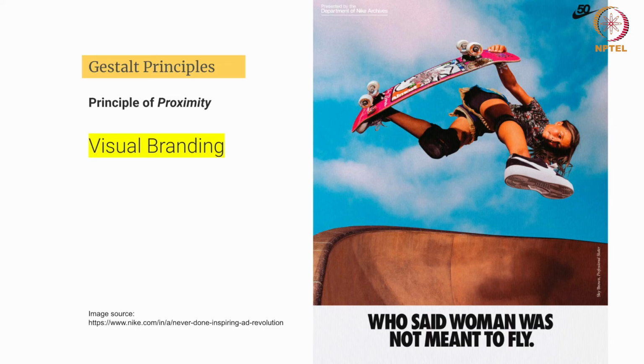Here you can see how the image gives us the more dominant representation, and then the text which is associated with it: who said woman was not meant to fly. Although there is a strong cut here, since it's associated in the overall composition, you will always connect this element to this text.